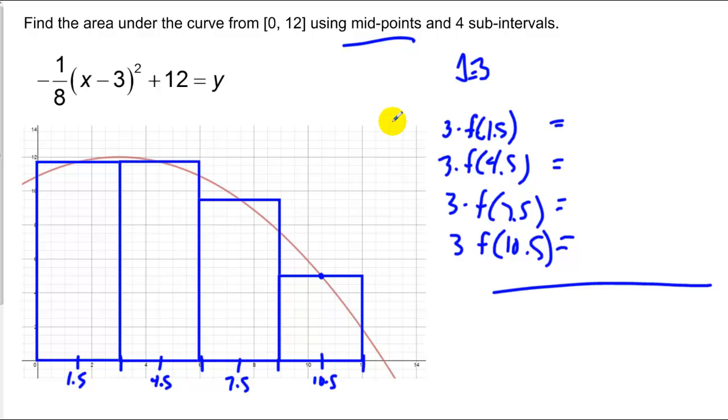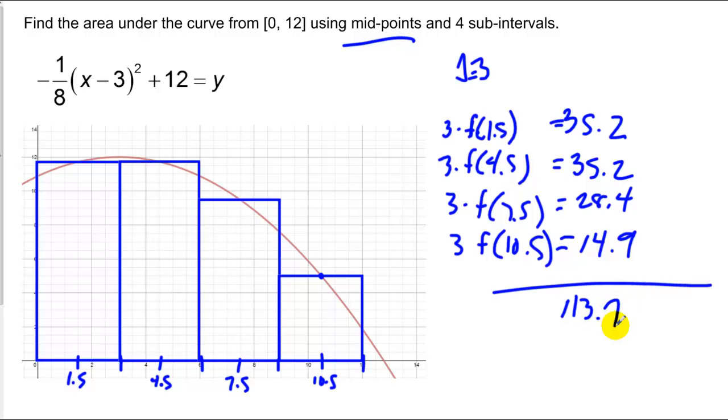And this time I have values of 35.2, 35.2 again, which you can see in the picture, 28.4, and 14.9. Giving me a final value of about 113.7, which again should be somewhere between the other two.